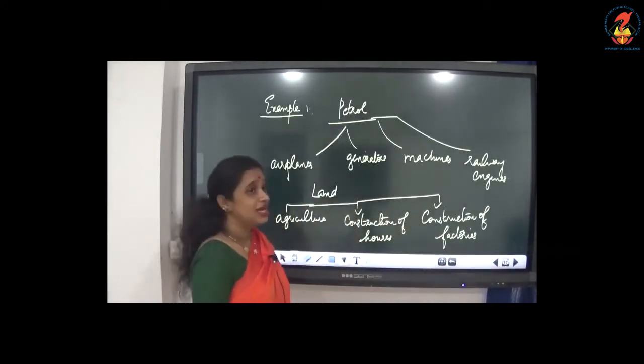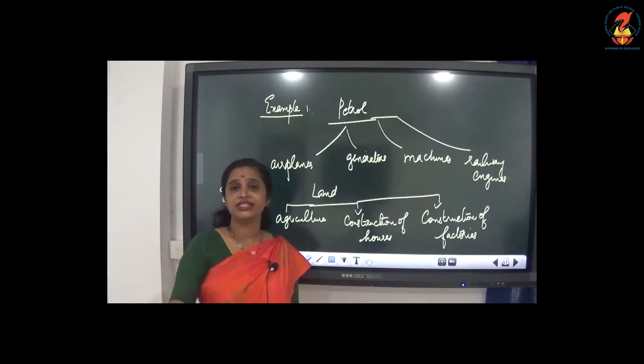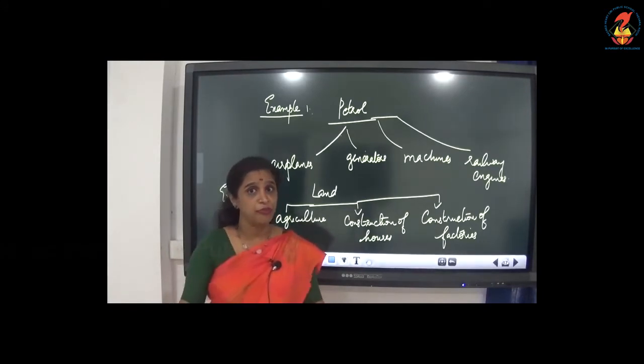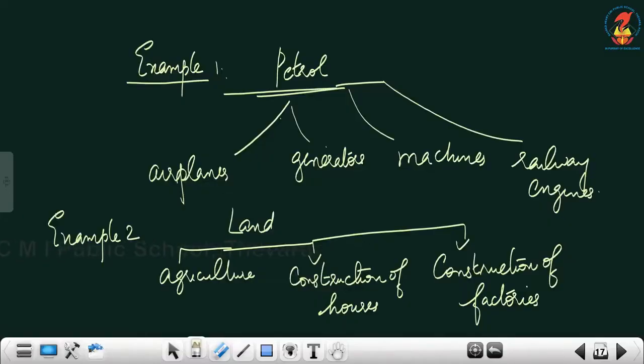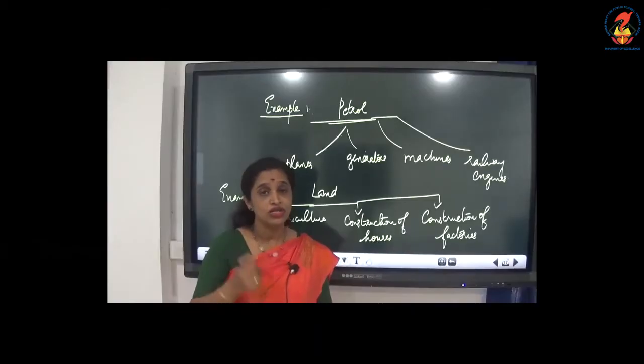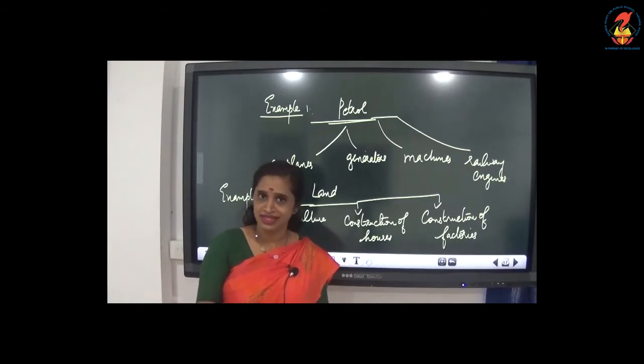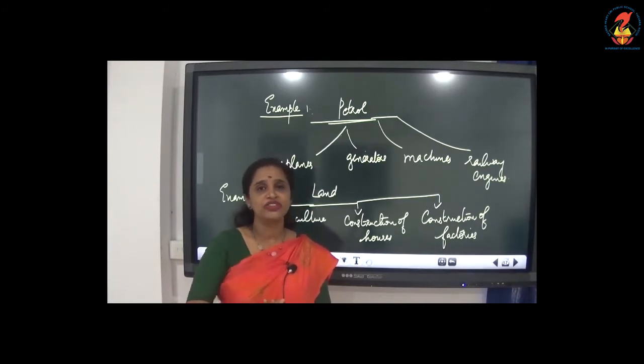Now, let us try to understand this with the help of a few examples. Example number 1: petrol. Petrol is something which we use for running vehicles. It is short in supply. We are importing the product from other countries. It is short in supply, but its demand is very high.